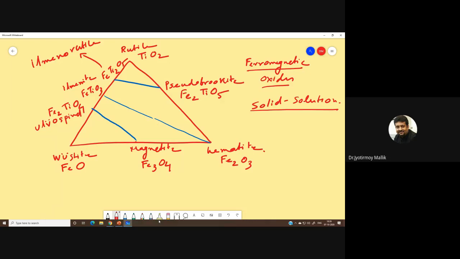Solid solution is actually a process of cation exchange, mostly cation exchange, by means of which you generate a series of minerals.